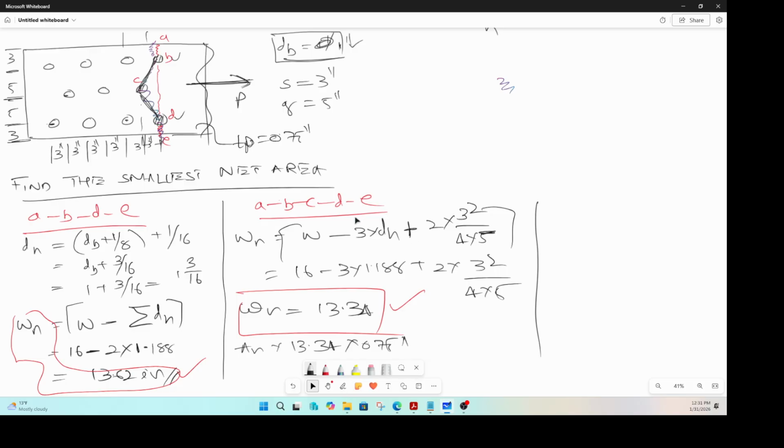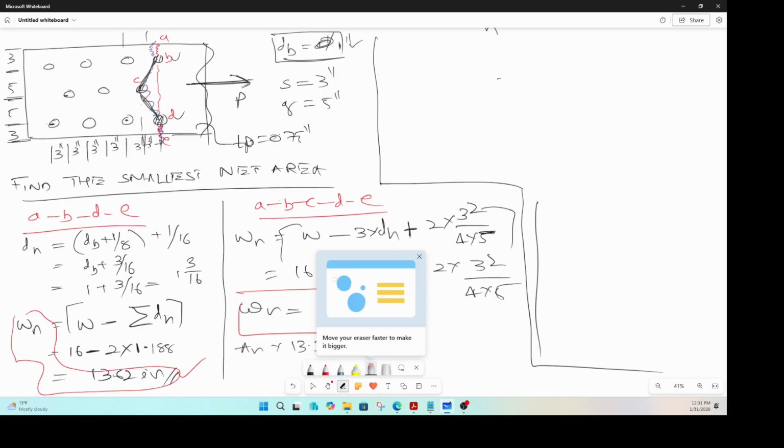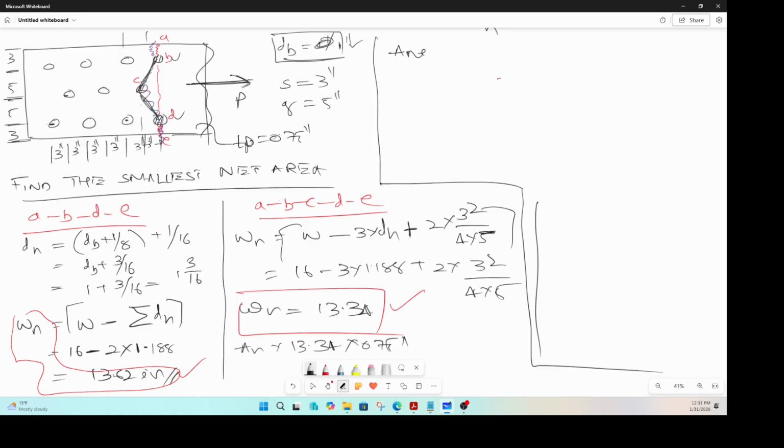If you want to do the area calculation directly instead of starting with the width, we are talking about this case here. A net is A gross minus 3 bolt holes, 3 times the hole diameter times the thickness of the plate, plus 2 times s squared by 4g times the thickness of the plate.